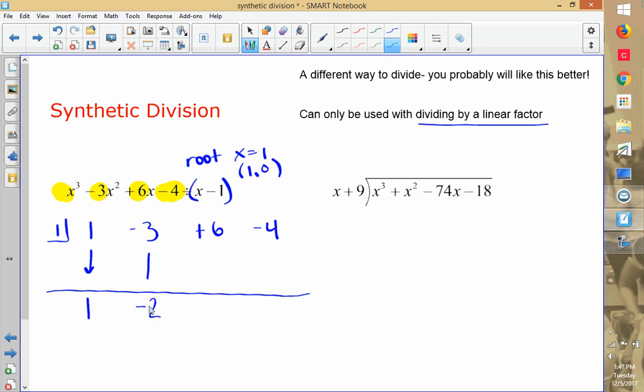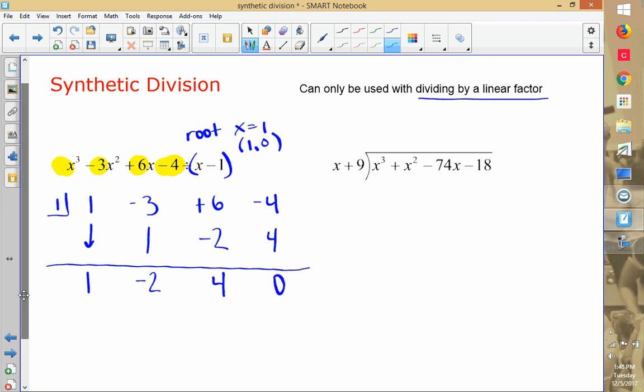Then, so we multiplied, we added, now we multiply again. Negative 2 times 1 is going to be negative 2, so I'm going to add that right here. Now add down. 6 minus 2 is 4. We're going to multiply again. 4 times 1 is 4, and we're going to add down.